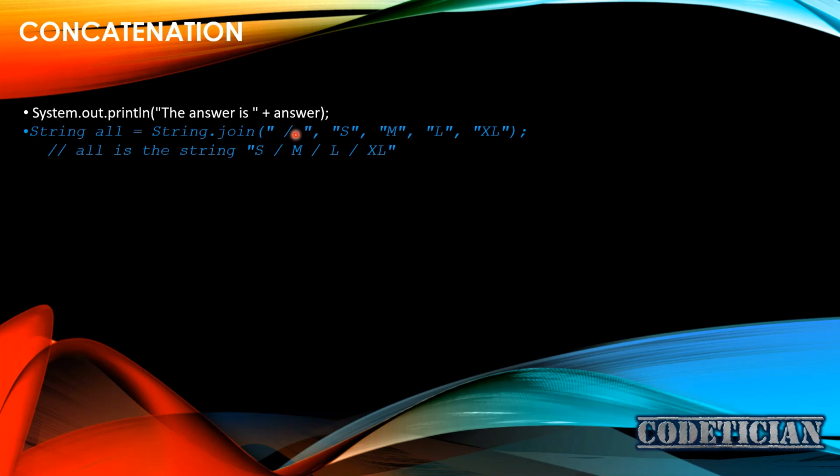If you give the first parameter as what you want to concatenate these strings by, then it will combine all the other parameters separated by it. So if I call String.join and in the first parameter I say slash, and then I give S, M, L, XL, then the resulting string will combine all these arguments, separating them with this slash sign. So that is the second way of concatenation.